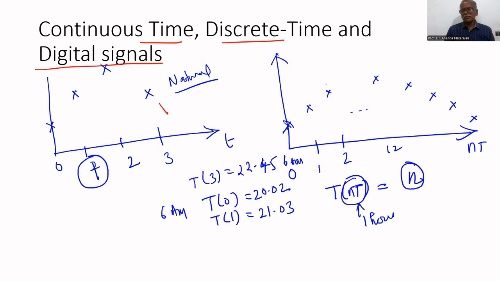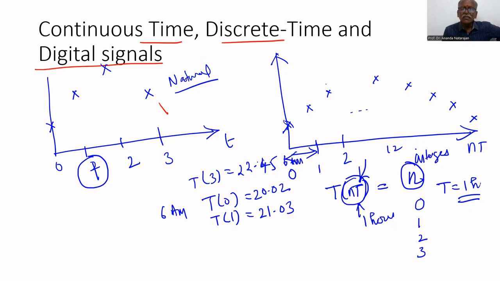n represents the instant at which the sample is made: 0th instant, first instant, second instant, third instant. So n is an integer. T is the sampling period or interval. We are sampling every 1 hour, therefore T equals 1 hour.